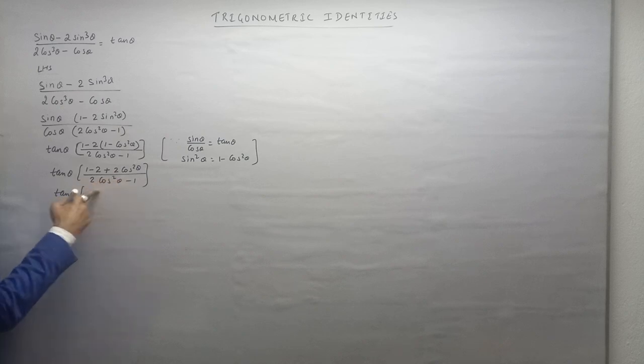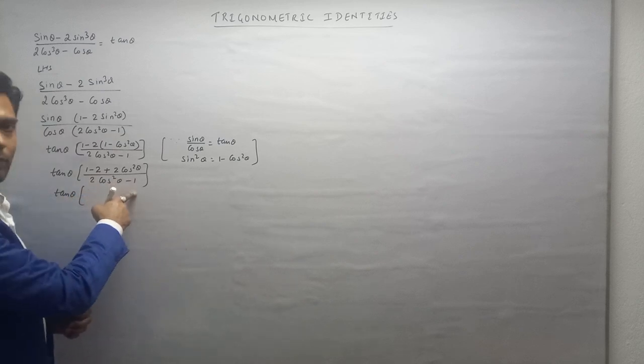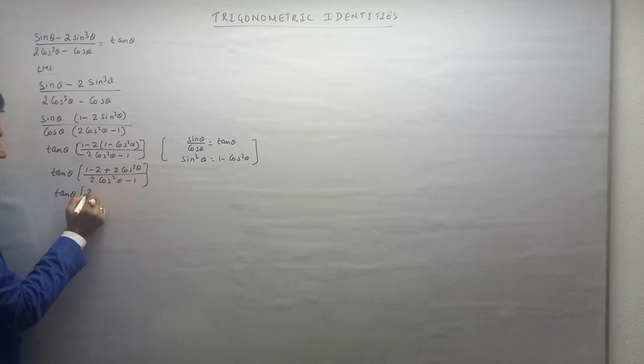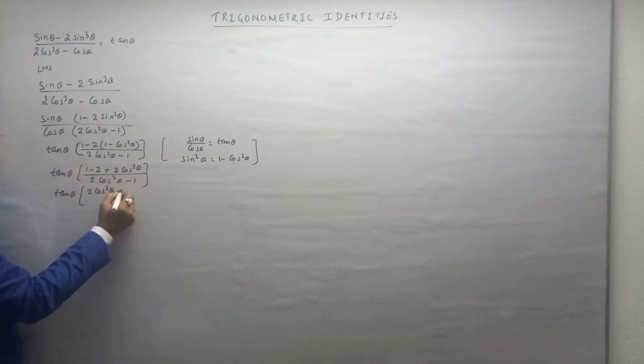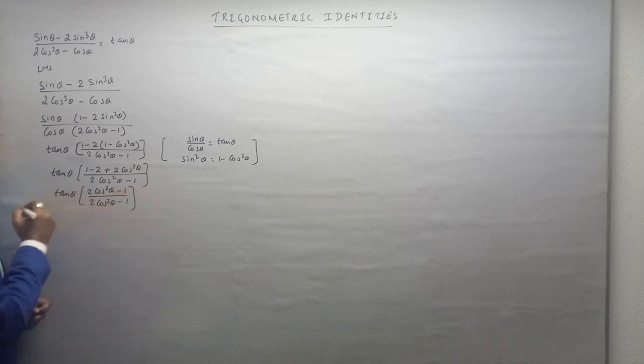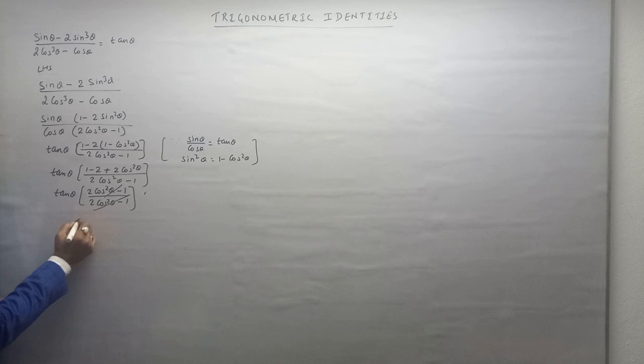See what is there in the denominator: 2 cos square theta minus 1. So we'll write here 2 cos square theta, and 1 minus 2 is minus 1. In the denominator also we have 2 cos square theta minus 1. So this will divide and you get 1. So that means this is equal to tan theta.